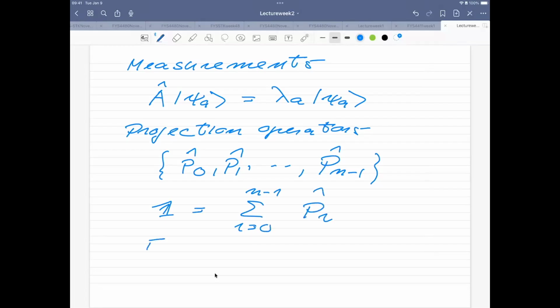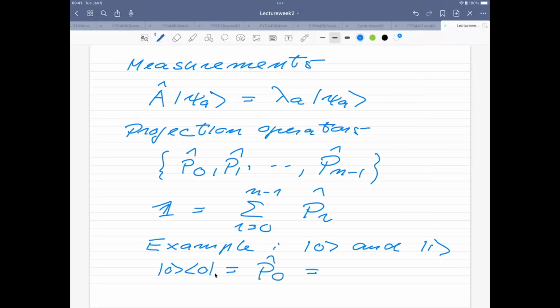And the example which we have seen is the one with 1 qubit, which is pretty easy to set up. So we had |0> and |1> as a computational basis. And then we know that |0><0| is the one which we have defined as P0. And that is simply given by the matrix 1, 0, 0, 0. This is just one example. And then I'm not going to repeat what we did before, but this is just an example.